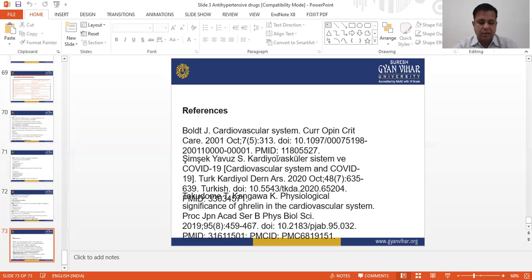Third, we discussed the various pharmacological actions and classifications of antihypertensive drugs. Then we discussed the therapeutic uses, adverse effects, toxic effects, and contraindications of these antihypertensive drugs.